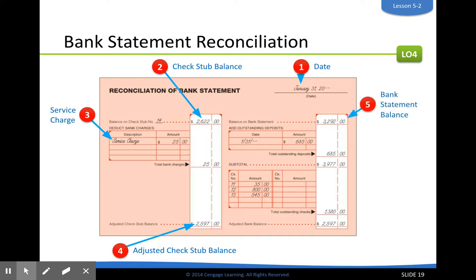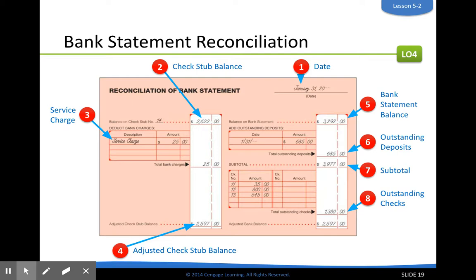And we want to make sure that's what the bank has as well. So we start with the bank statement balance that was just mailed to us on January 31st. We add in any deposits that we know that we made between when that bank statement was printed, update our balance, and then finally subtract any checks that we've written that have not gone through on the bank statement. So those would be outstanding checks.